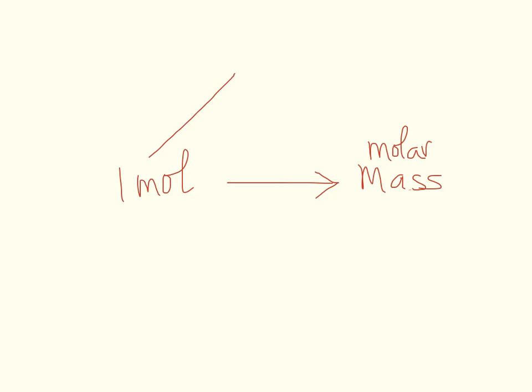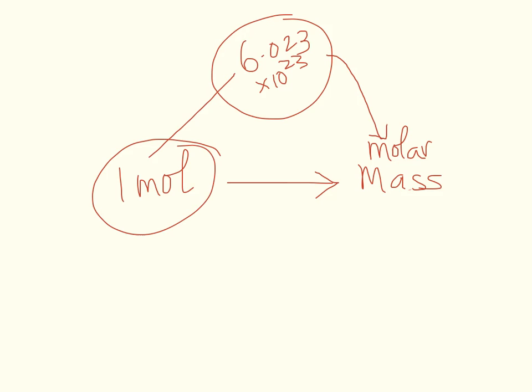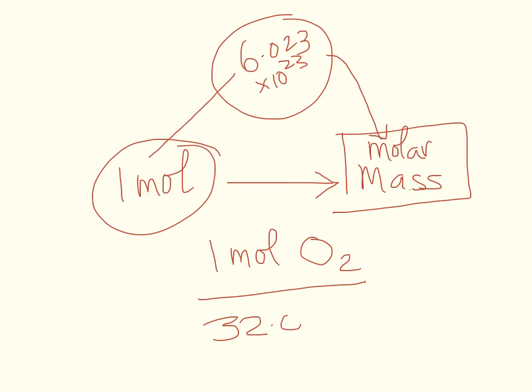And 1 mole has 6.023 times 10 raised to 23 items. So we can safely say that 1 mole of a species will have 6.023 times 10 raised to 23 items, and the mass of that sample will be equal to molar mass. So a conversion factor, in terms of oxygen, could be 1 mole of oxygen molecules has a mass of 32 grams.